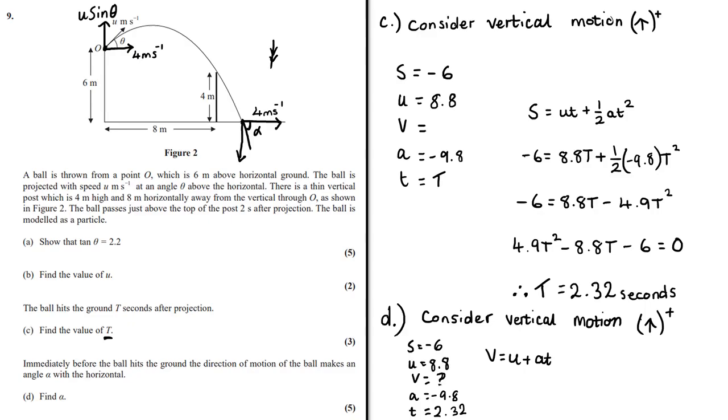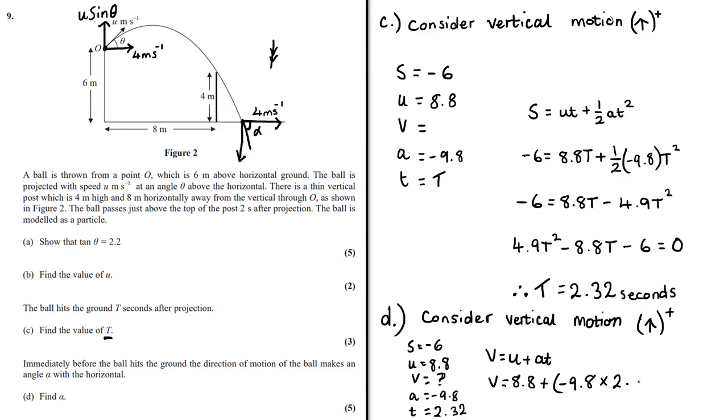So in that case, V, which we don't know, that's what we're looking to find, is equal to U, which is 8.8, plus AT. So A is minus 9.8, so that's plus minus 9.8, times T, which is 2.323, and so on.